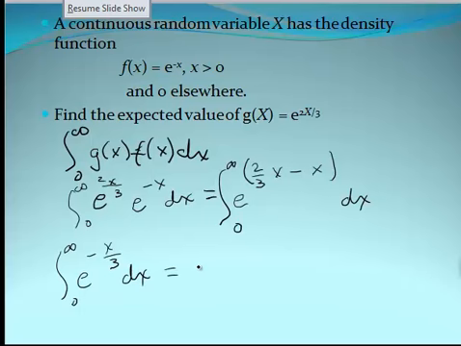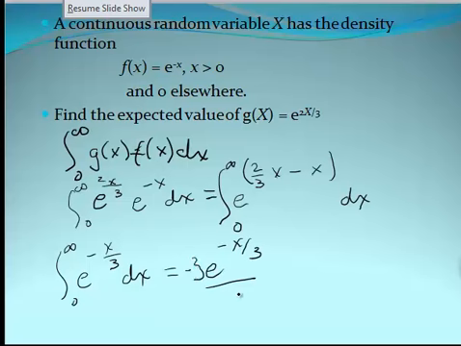Oh, well that's not too bad. Remember, whatever is in this exponent, you put it downstairs, minus the x, of course. So we're going to say e to the minus x over 3, and integrating it, well, let's see, minus 1/3, that actually comes upstairs, right? That's the same as 1 over 3 downstairs, and we've got that minus sign. And integrating from 0 to infinity.